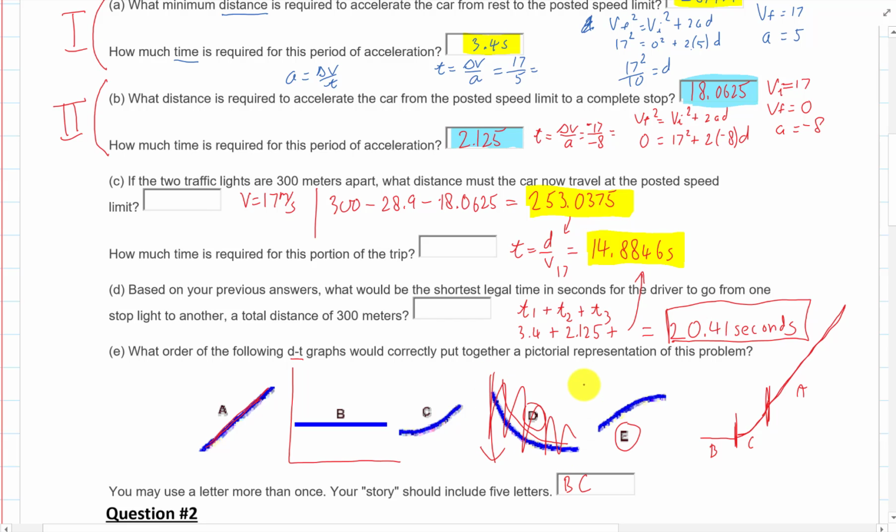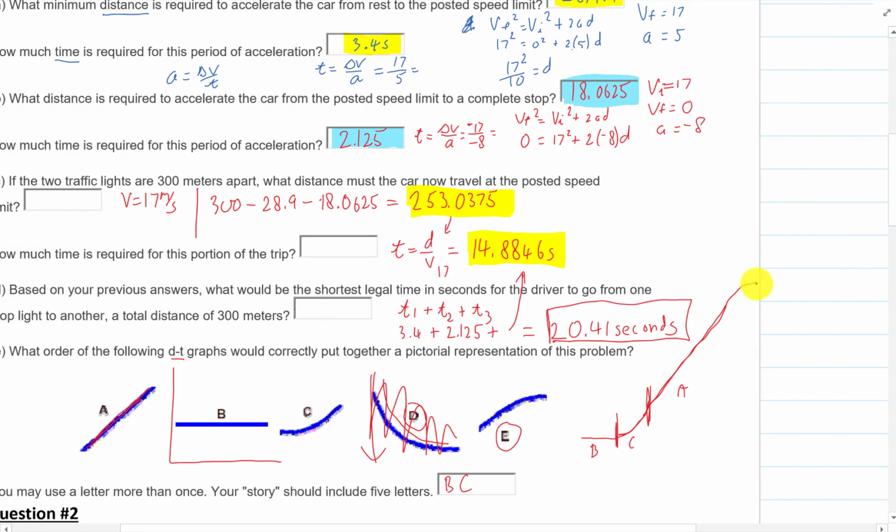You'll slow down and come to a stop. And then you go at rest again. So this is E, and then back to B. So B, C, A, E, B. Your distance time graph looks like that. Let's just get it in big red.